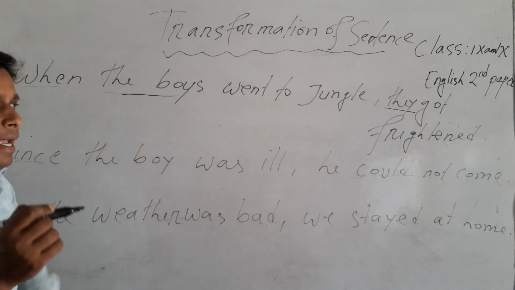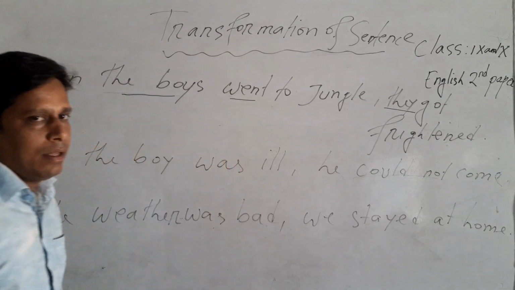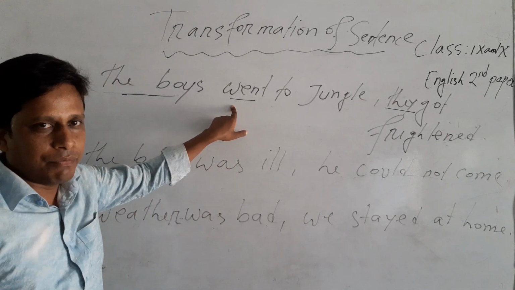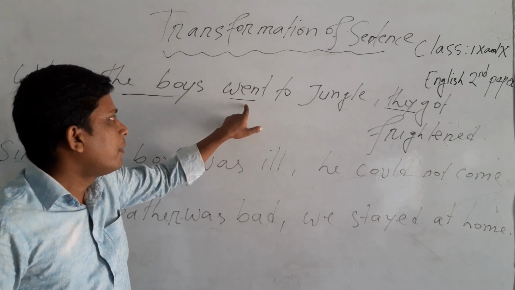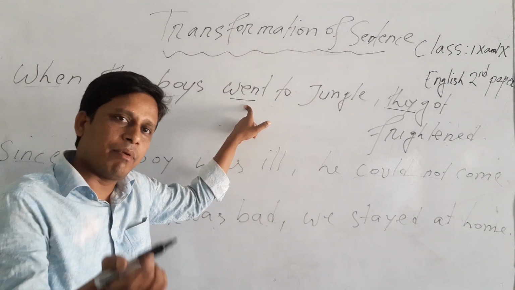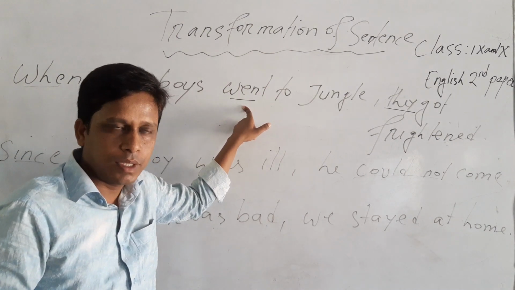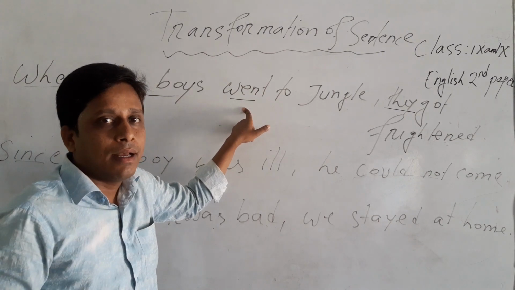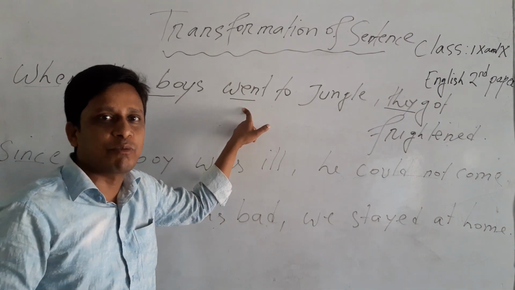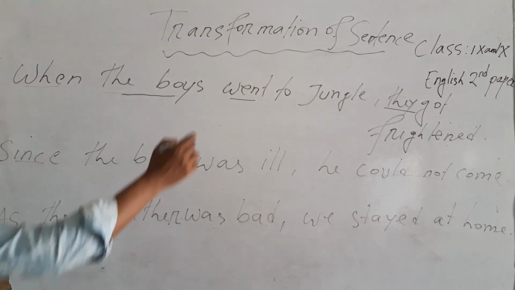How? Start with the verb. If the verb is past, you will notice that went is the past form of the verb. At first, transfer it into base form. Then what will we do?